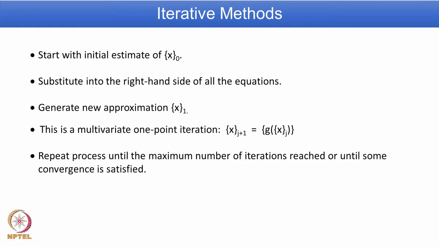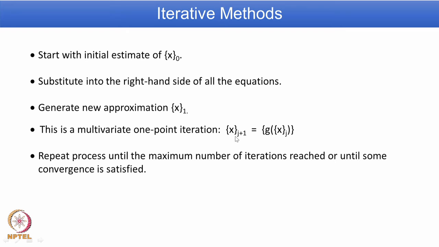So, we start with the initial guess, that is x at 0, then substitute into the right hand side of all the equations, generate new approximation values, and we call that x of 1. In this way we go on repeating.